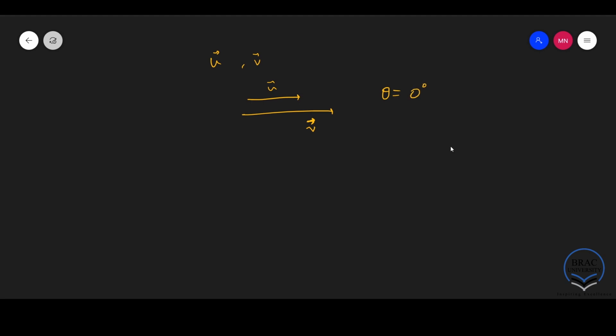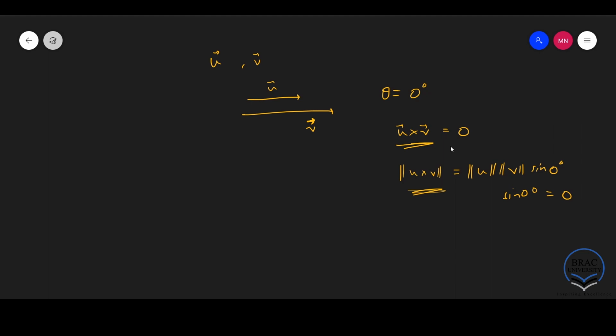So in this case, u cross v will be equal to 0. If they are parallel to each other, then their cross product will be equal to 0. And you can see this from this equation here. Sine of 0 degrees is just equal to 0, so this becomes 0.